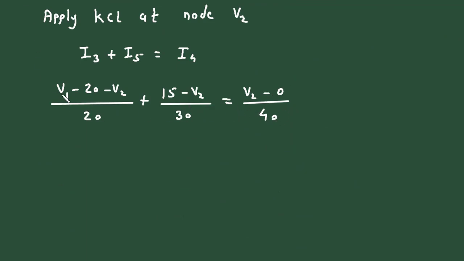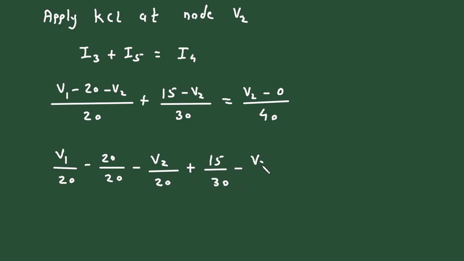Now let's simplify this. So it will be V1 divided by 20 minus 20 divided by 20, then minus V2 divided by 20. Then plus 15 divided by 30, then minus V2 divided by 30.